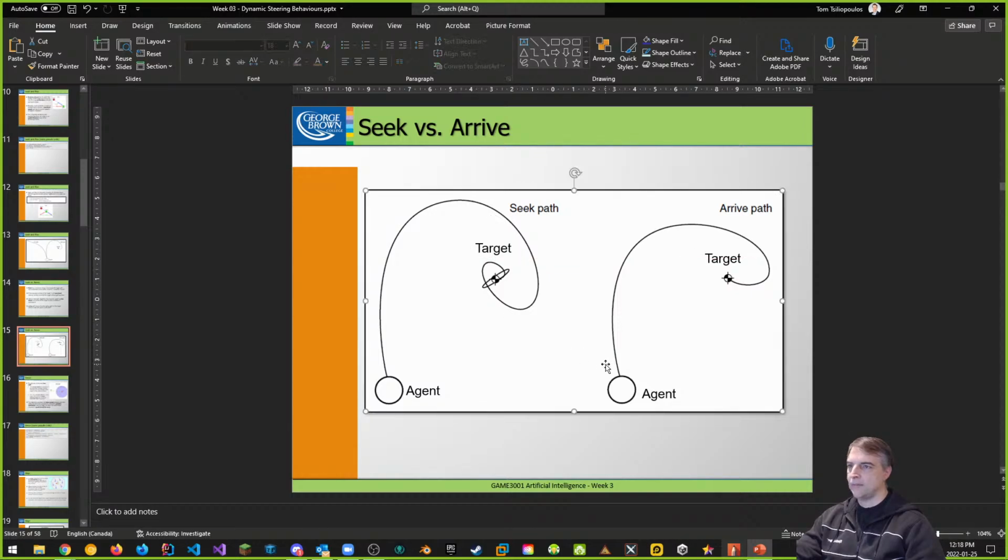Seek, as an example, will continue to overshoot the target because it's going to keep our maximum velocity as much as possible. There's no slowing down for seek. Arrival does the exact same thing, but slows down until it finally reaches the target.